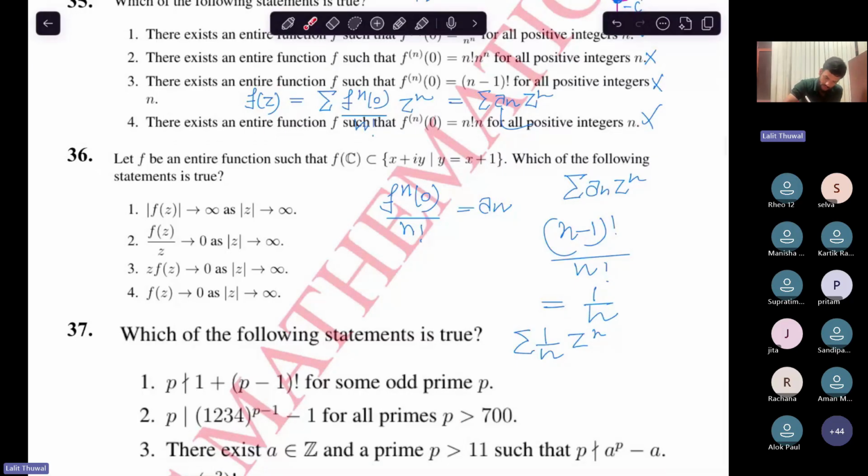So let f be an entire function such that f(C) is contained in this. So the image of f is contained in this line.